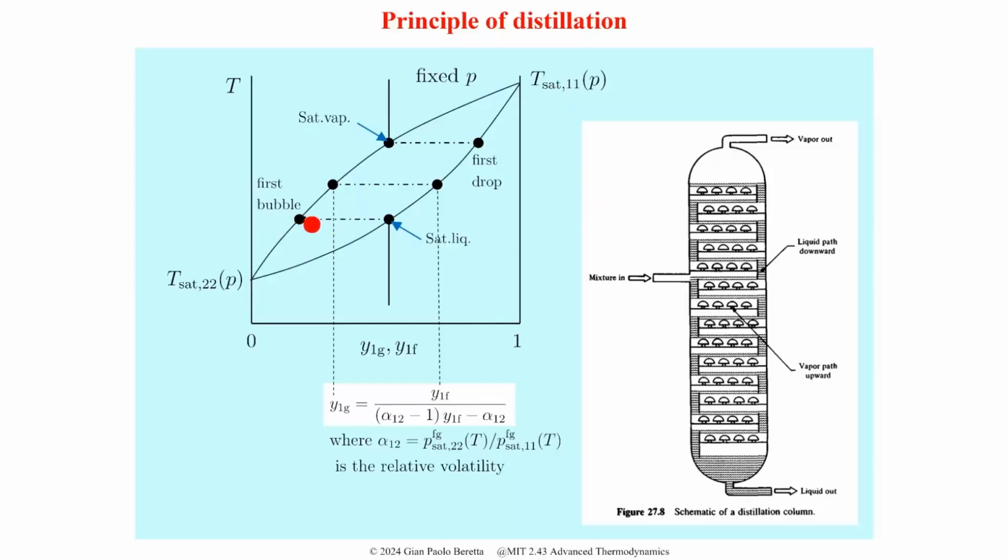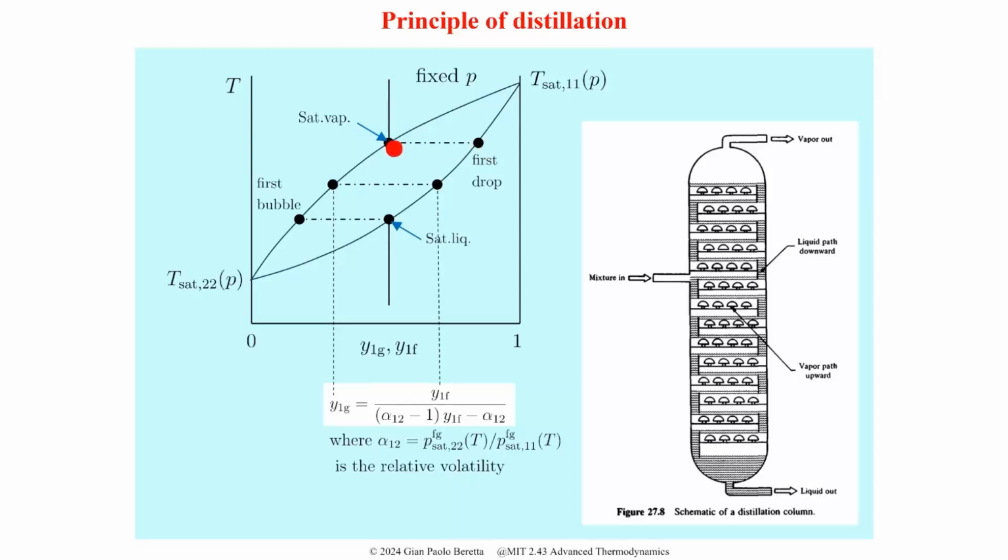Okay. If I keep heating up, for example, I have an equilibrium at this temperature. And for an equilibrium at this temperature, the bubble line gives me the mole fraction of the liquid, and the dew line gives me the mole fraction of the vapor. Again, following this expression. If the temperature goes up to here, I have saturated vapor, which is in equilibrium with the first, or say last, drop of liquid.